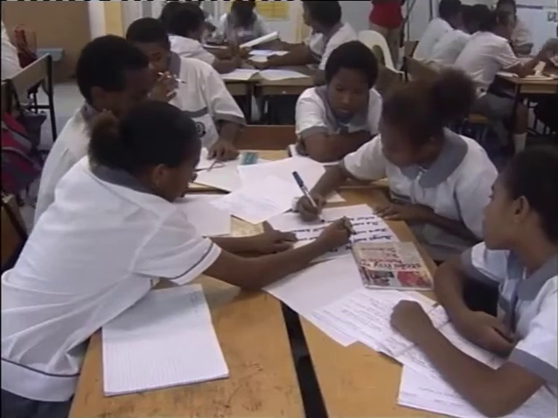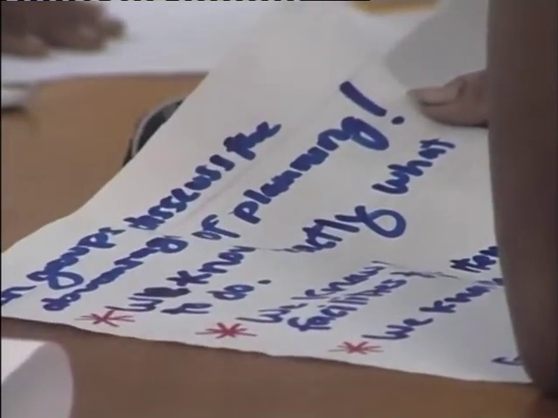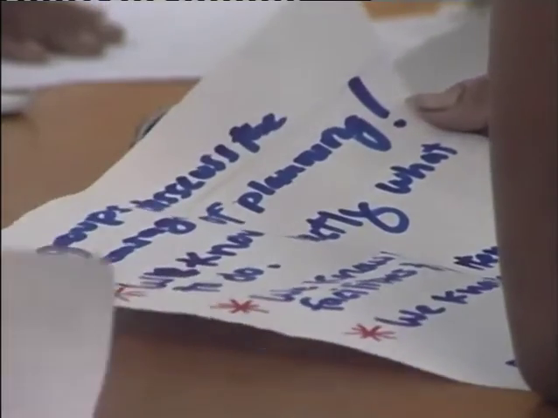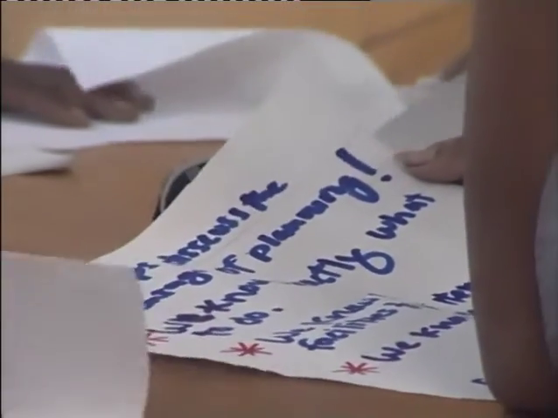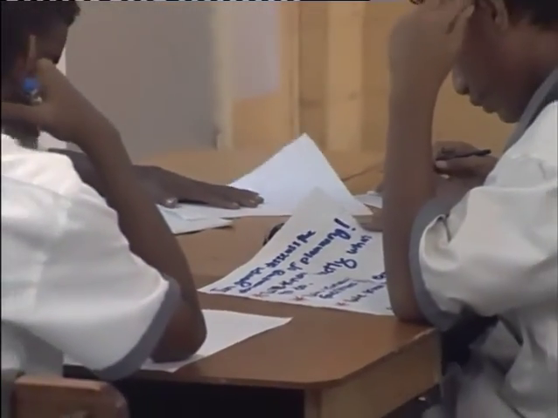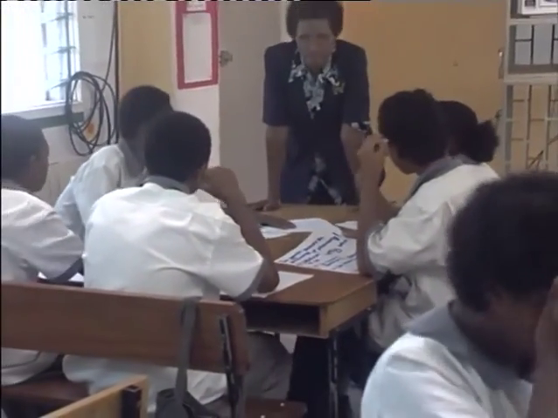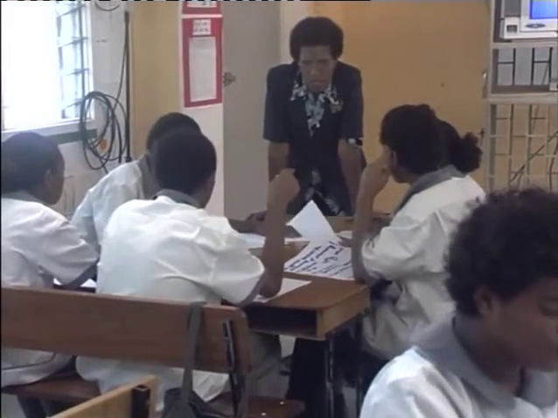Okay, listen. Every one of you in the group must have an opportunity to present. So we cannot have the same person all the time, okay? Now, who is going to be from your group? Next is going to be.